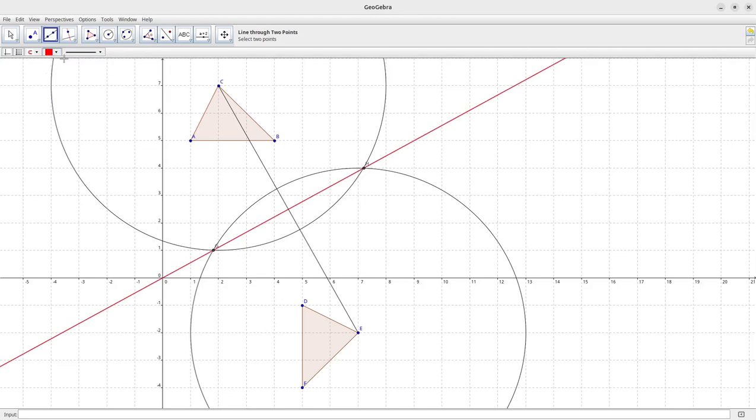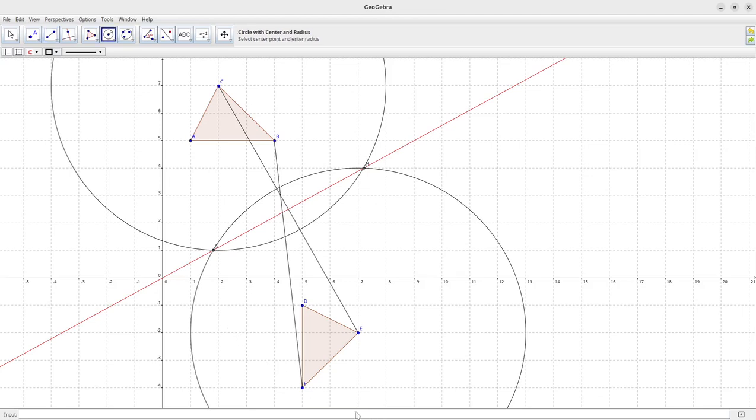Identify another pair of corresponding points. That's B and F. Let's draw the line segment between B and F. And then draw two circles with a radius more than half of the distance between those two points. That distance is about 9, so I can also do 6 here, or 5 if I like.